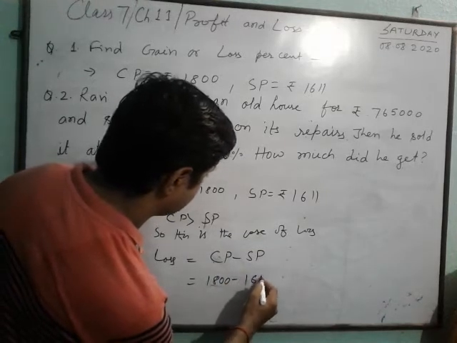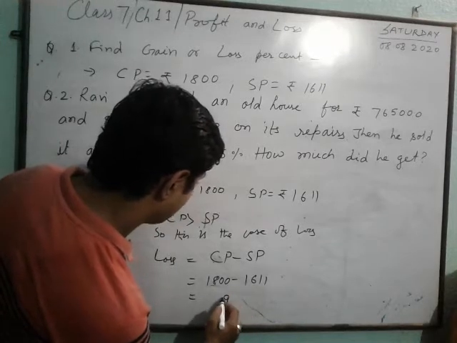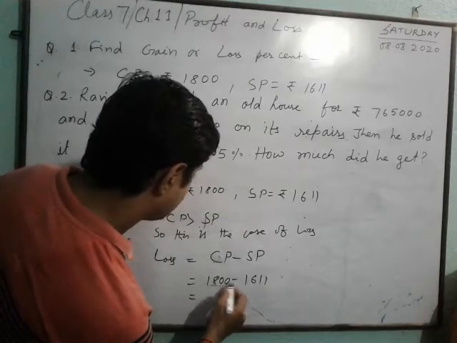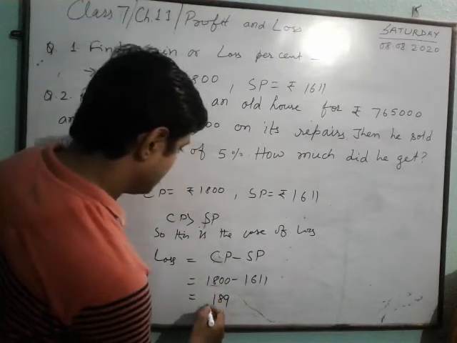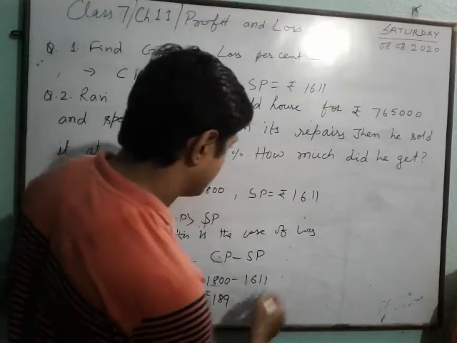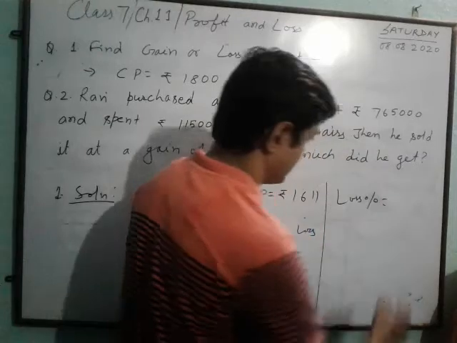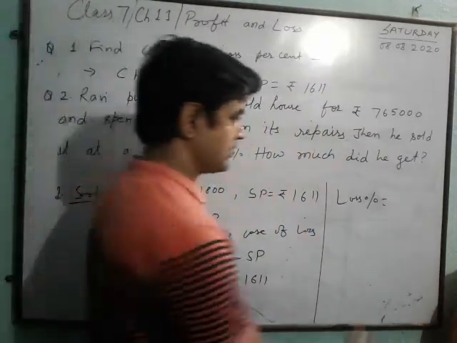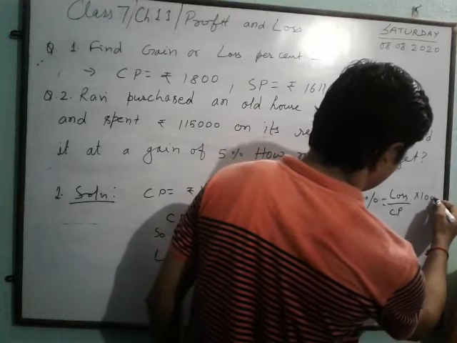CP minus SP, 1800 minus 1611. 10 minus 1, 9, 9 minus 1, 8, 7 minus 6, 1. Rupees 189 is the loss. Now we will find loss percent. The formula is loss by CP into 100.